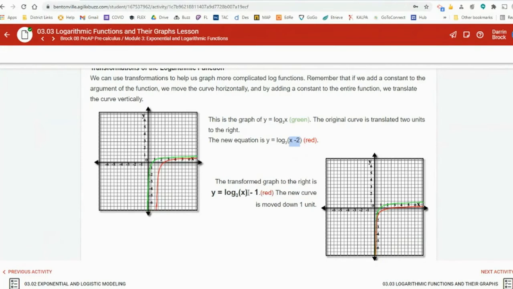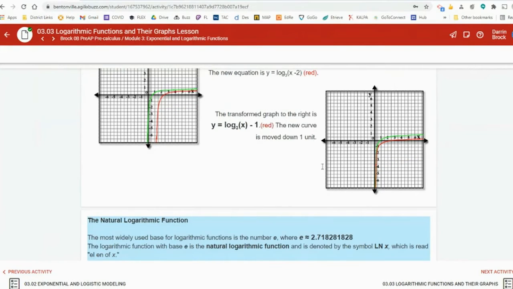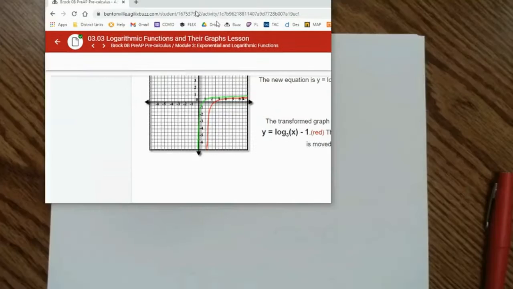If we put a -1 at the end, just like any other graph, linear, exponential, whatever, what that does is move it down 1 on the y-axis. You see on the graph on the right, it moves it down 1 unit just by putting this afterwards. So transformations with these graphs work very much the same as they do with the other functions that we've looked at previously. So that will be very similar.